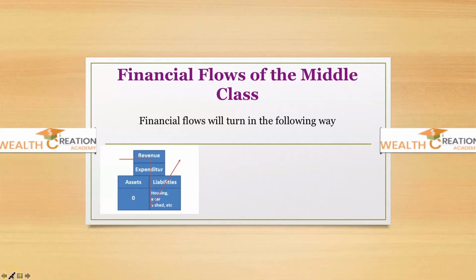This is where most people fall, but they get fooled. You have a revenue, you've got some expenditure, the asset category is 0, but liabilities are a lot. You buy a house, you get a mortgage, you get a car, you build a shed, all that. It is expenses, but there is no asset creating a separate income when you're not working.